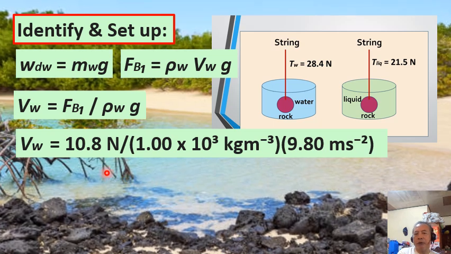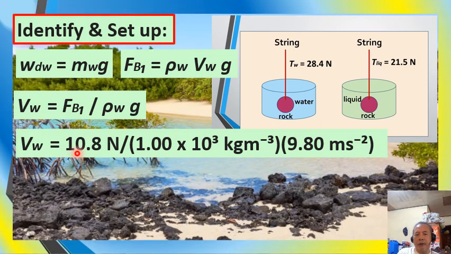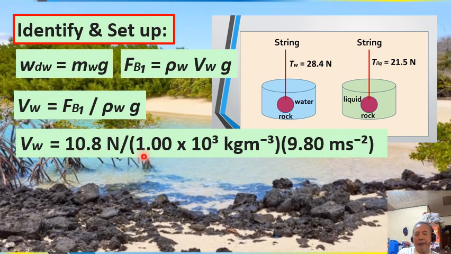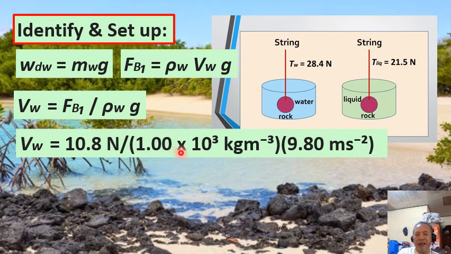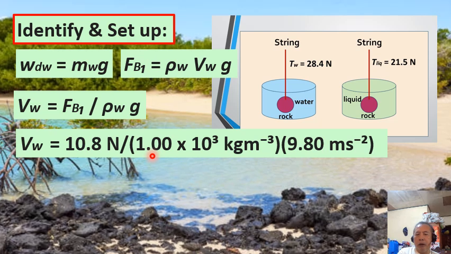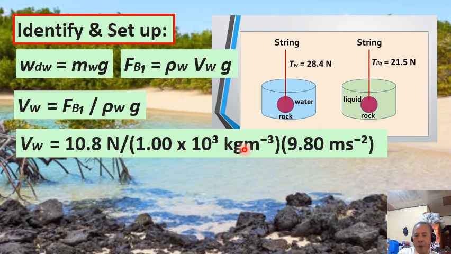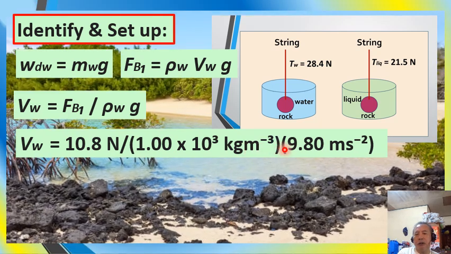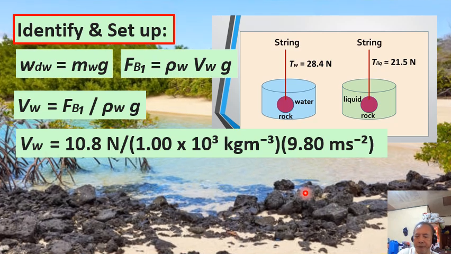So when we substitute, we have the buoyant force of the water on the rock, earlier computed as 10.8 newtons, divided by the constant density of water equal to 1.00 × 10^3 kilograms per meter cubed, and then multiplied by g, which is 9.80 meters per second squared.